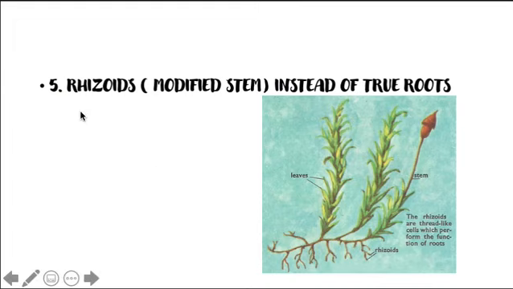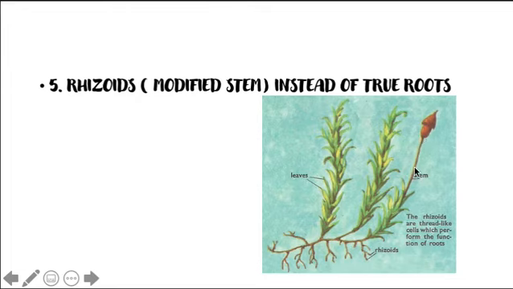Now the fifth characteristic is that you will not find roots. Instead of roots, you will find structures called rhizoids. What are rhizoids? Rhizoids are nothing but parts of the stem which have modified themselves to form root-like functions.